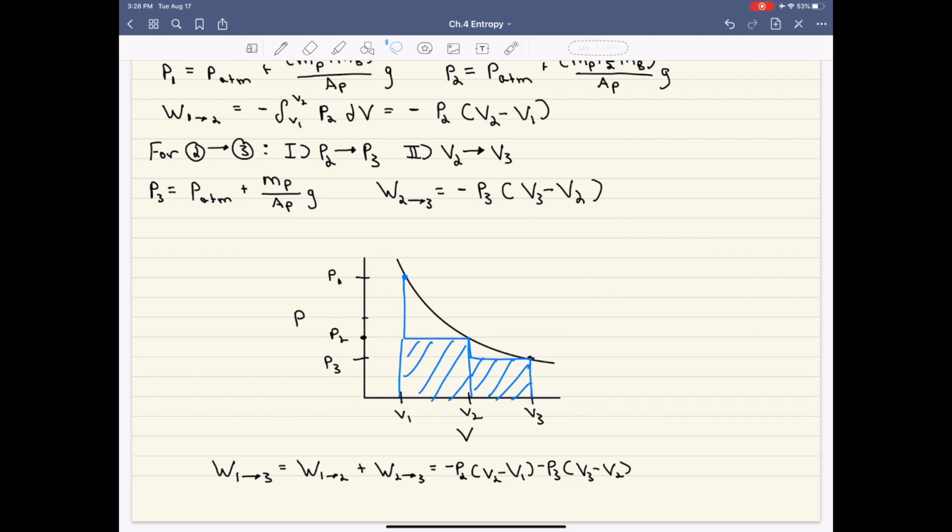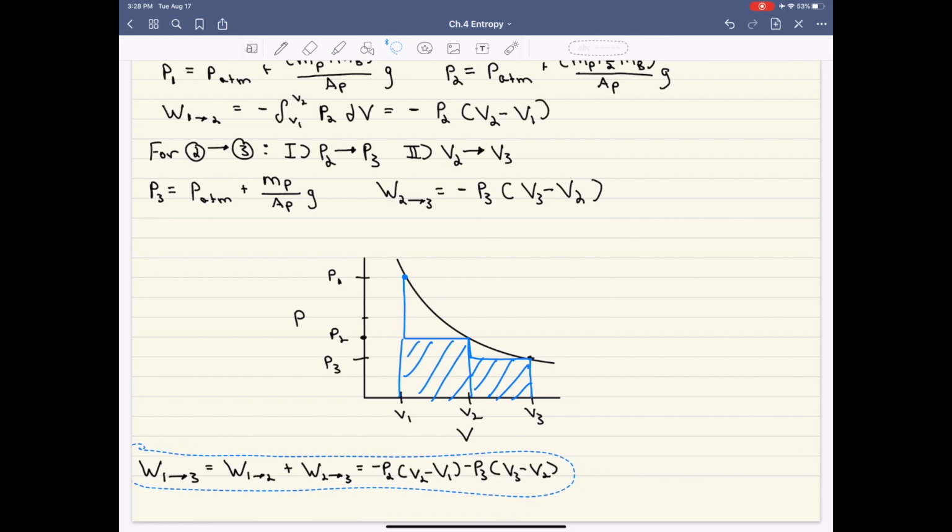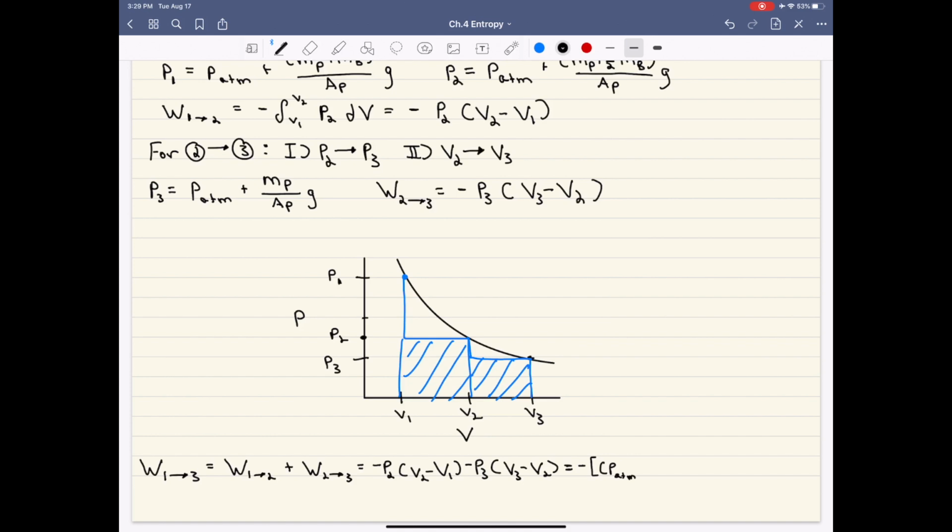And I'm going to move this to the left so we have a little bit more room. We could actually plug in for the pressures that we calculated. PATM plus MP. And we're going to rearrange the equation slightly.